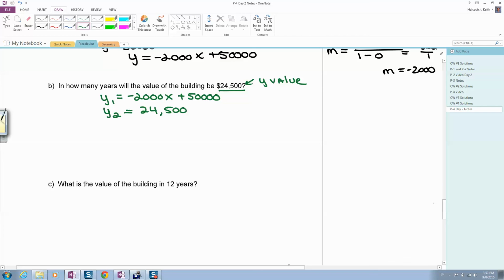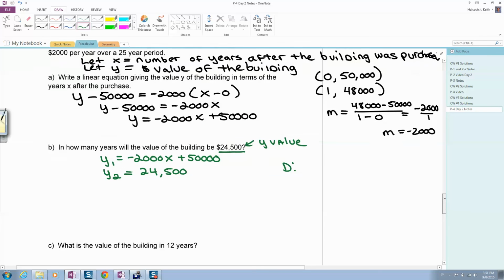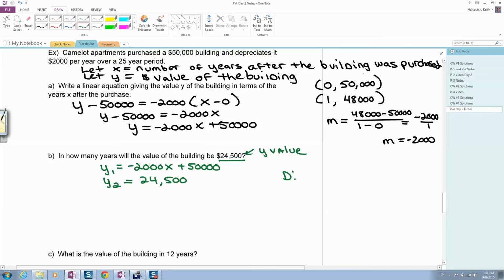So what we need to do is figure out what the domain and range is of this initial function. Well, the domain, remember domain is x, and x is the number of years it was purchased. Well, it goes from 0 and it's over a 25-year period. So the maximum number of years is 25. So that's our domain.